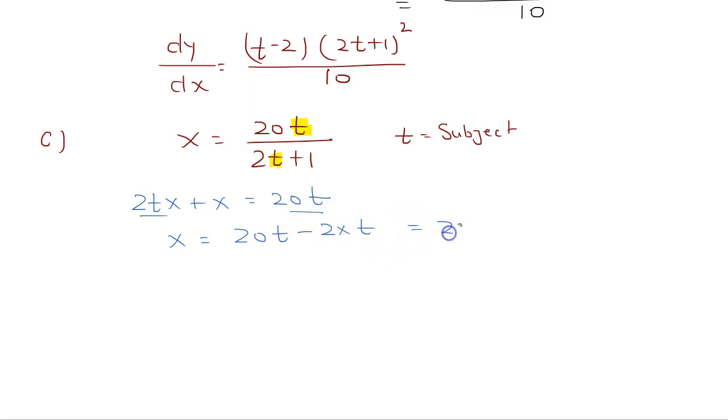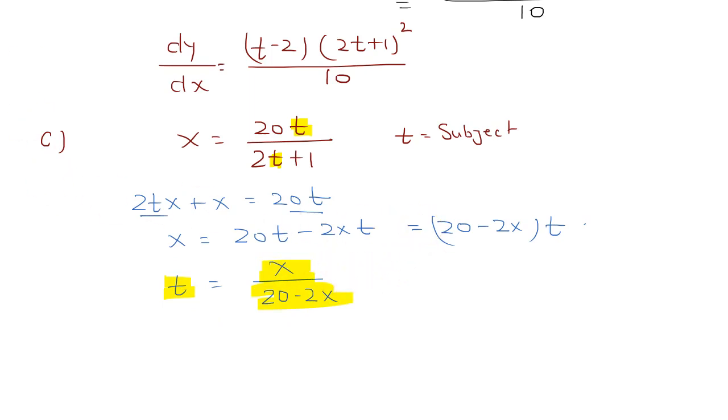In this we can see 20 minus 2x and t common, so t is equal to x over 20 minus 2x. This is t as the subject.